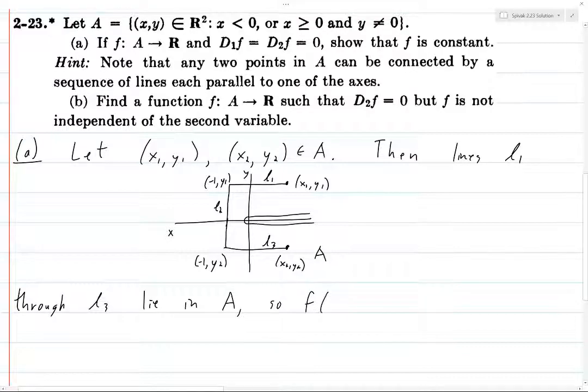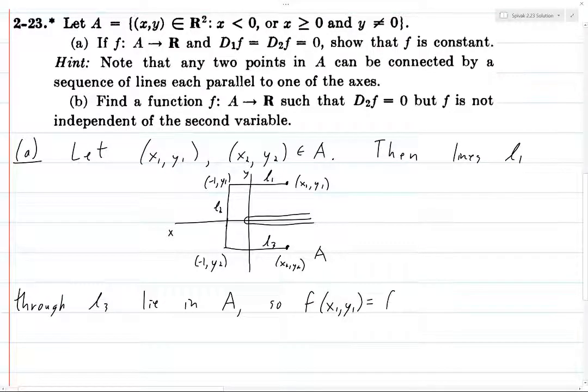So if we take f of (x1, y1), notice that L1 is a horizontal line, so they all have the same y value and the x values are the things that are changing. However, d1 of f is 0, so the value of f does not change when you change the first coordinate.